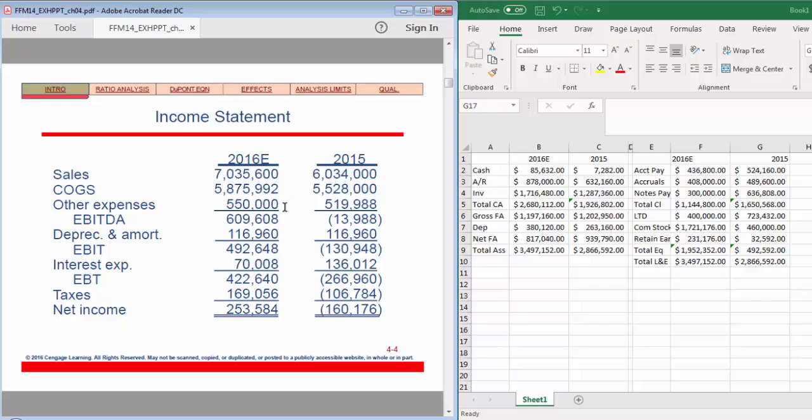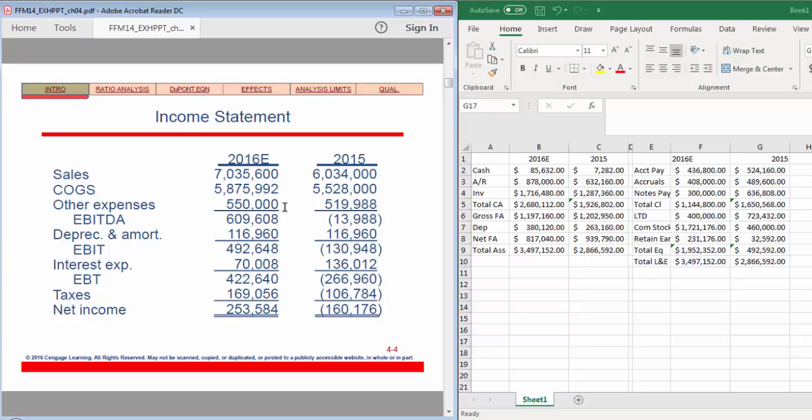Then earnings before interest, taxes, depreciation and amortization. EBITDA is 609,608 for the 2016 estimate, and negative 13,988 for 2015.